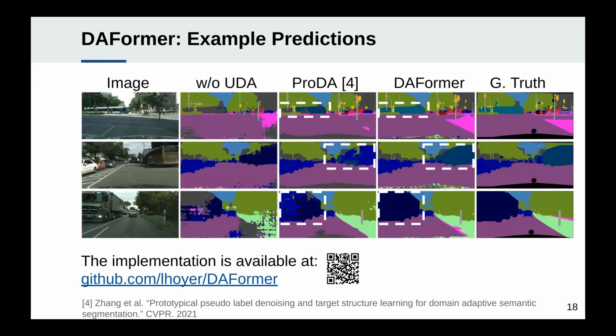This is also reflected in some example predictions. For example, here we can see this tram over here, which is supposed to be a train, was misclassified as bus. DAFormer fixes this issue, the same as with confusions of truck and bus or truck and car.